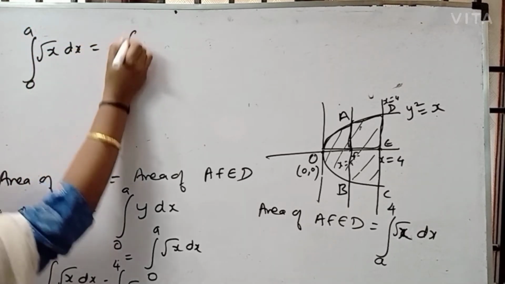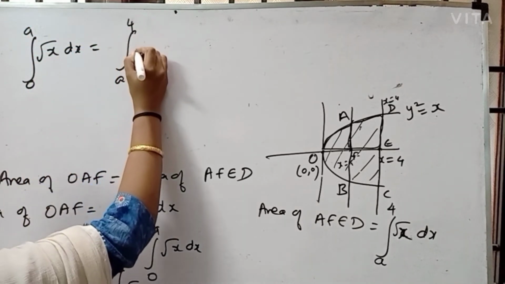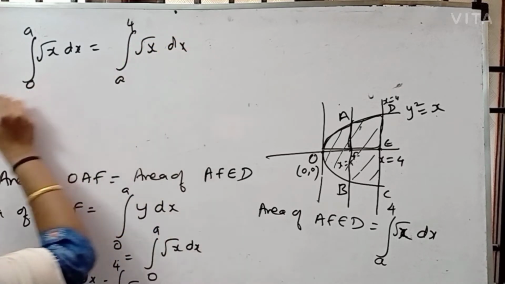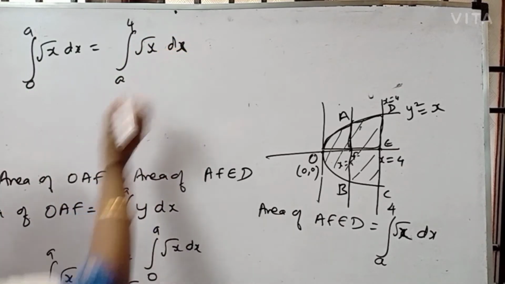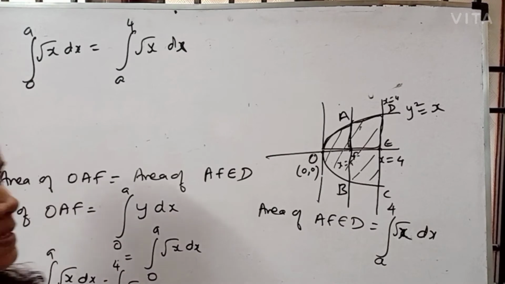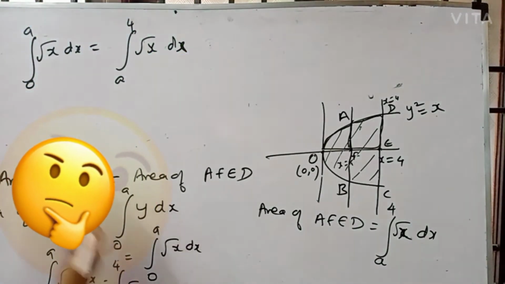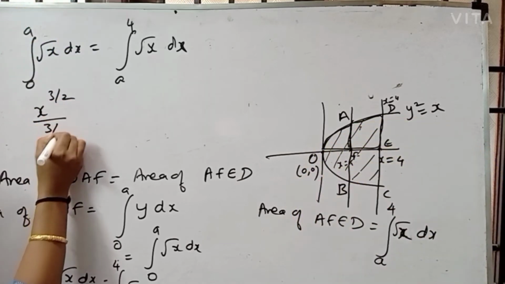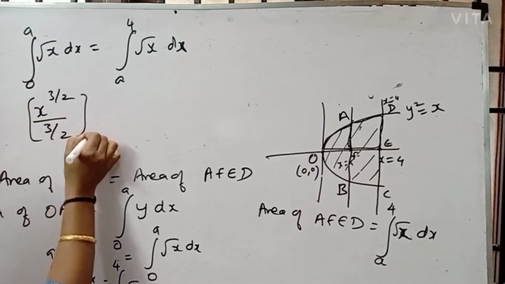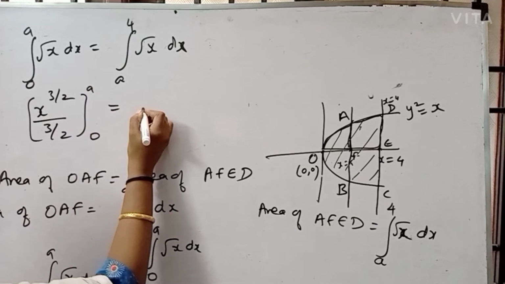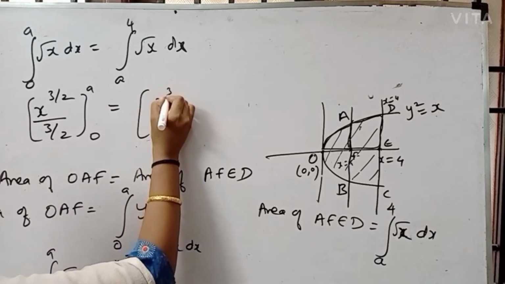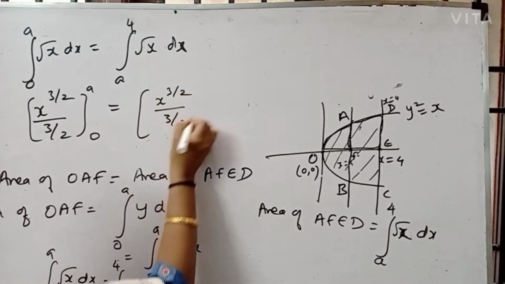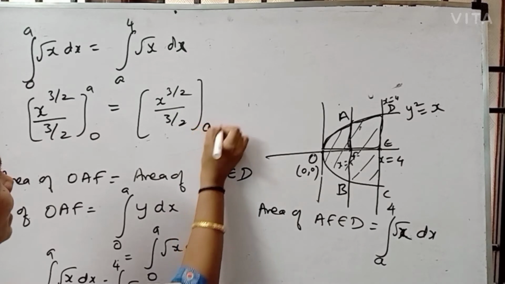What is the integral of root x? The integral of root x is x power 3 by 2 divided by 3 by 2. The limit is 0 to a on the left, and a to 4 on the right.